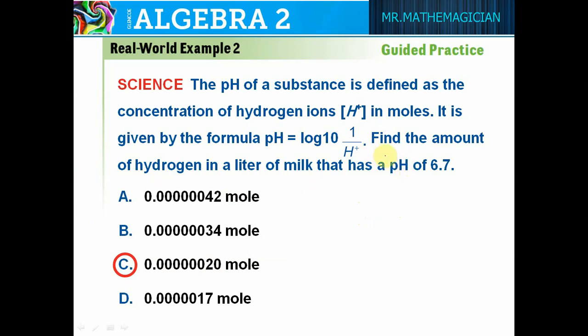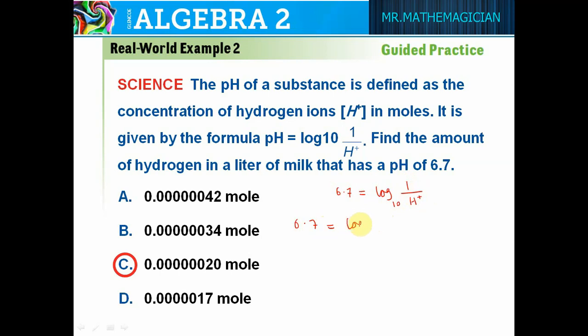The same, we want to find the amount of hydrogen in a liter of milk that has a pH of 6.7. So this is the formula. We substitute pH for 6.7 equals log 1 over H positive base 10. So 6.7 equals, we will apply the quotient rule, so the over will be subtraction.